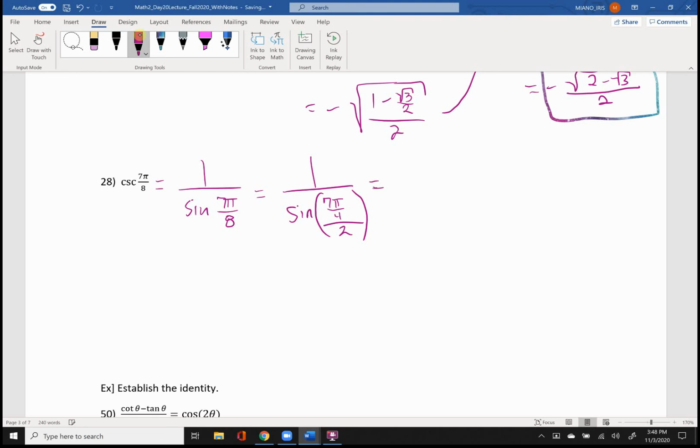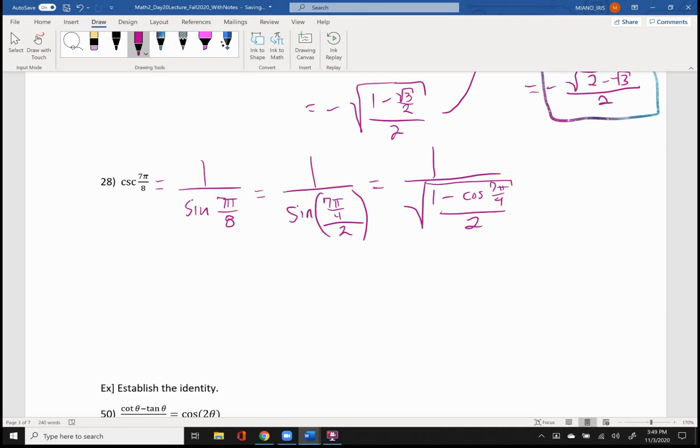So again, it'll still be 1 over, and we'll use the half angle for sine, which is the square root, and it's going to be positive, because 7 pi over 8 is between pi over 2 and pi, and that's going to be positive for sine. So it'll be 1 minus the cosine of 7 pi over 4, all over 2. Okay, so then we have some algebra to do.